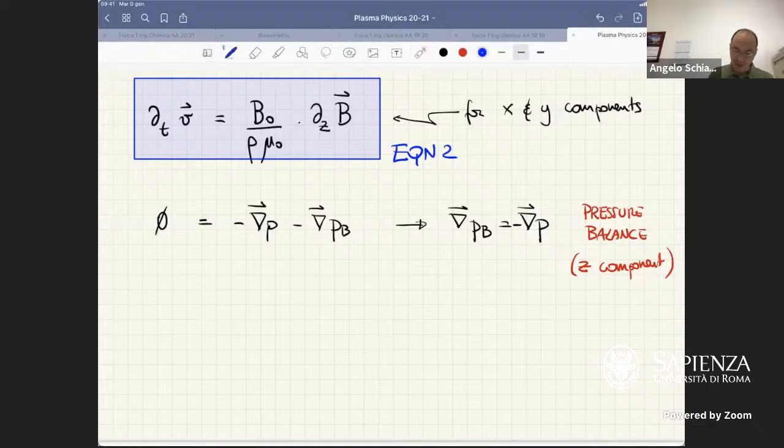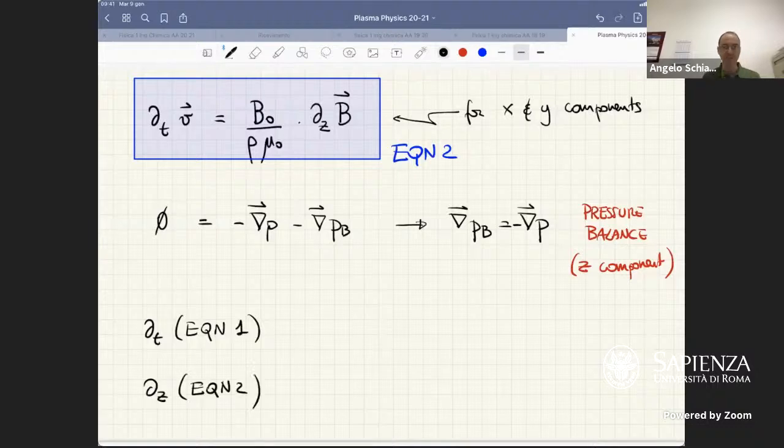So let's take on one side the time derivative of equation 1, and on the other side the z derivative of equation 2. We want to find mixed terms in the derivatives and cancel them.